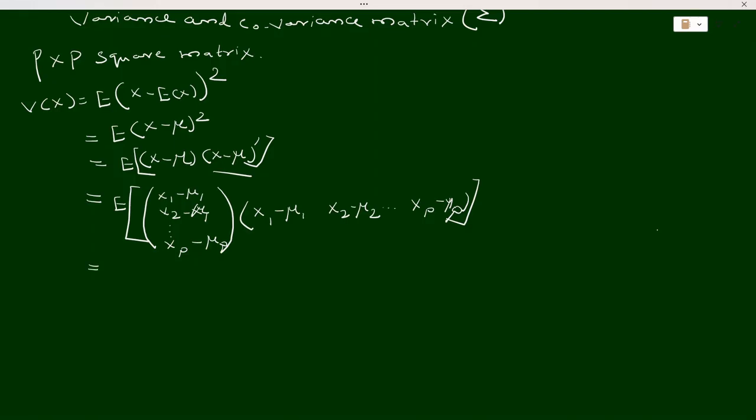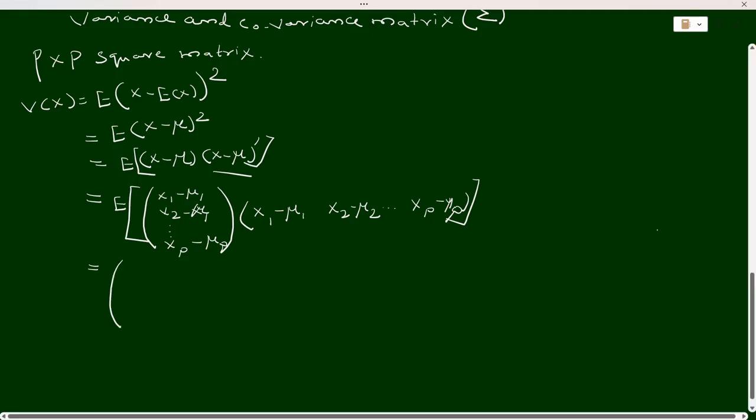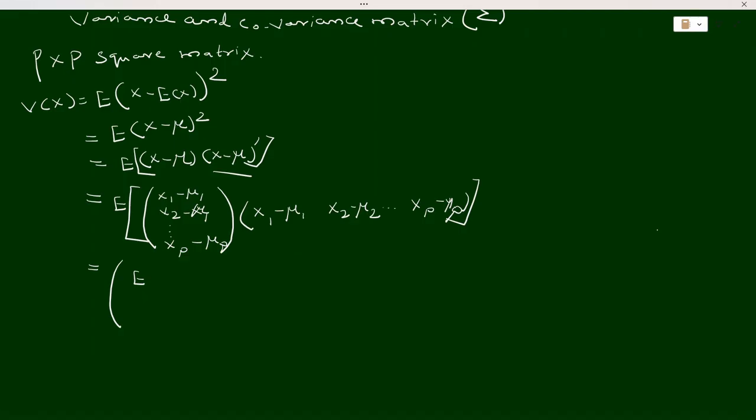Once we multiply it, we then take the expectation. So this will be like this: we multiply x1 minus mu1 into x1 minus mu1, so we can write it as x1 minus mu1 the whole square.